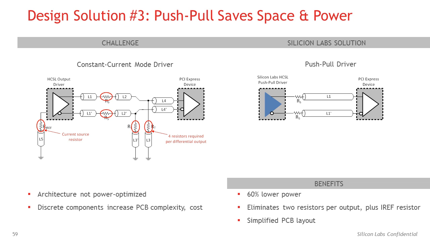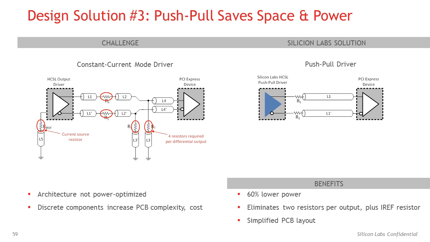Coupled with a lower overall core power consumption, our new push-pull PCI Express devices only consume 5 milliamps of current consumption per output, with half the number of external components required, all in smaller form factor QFN packaging.